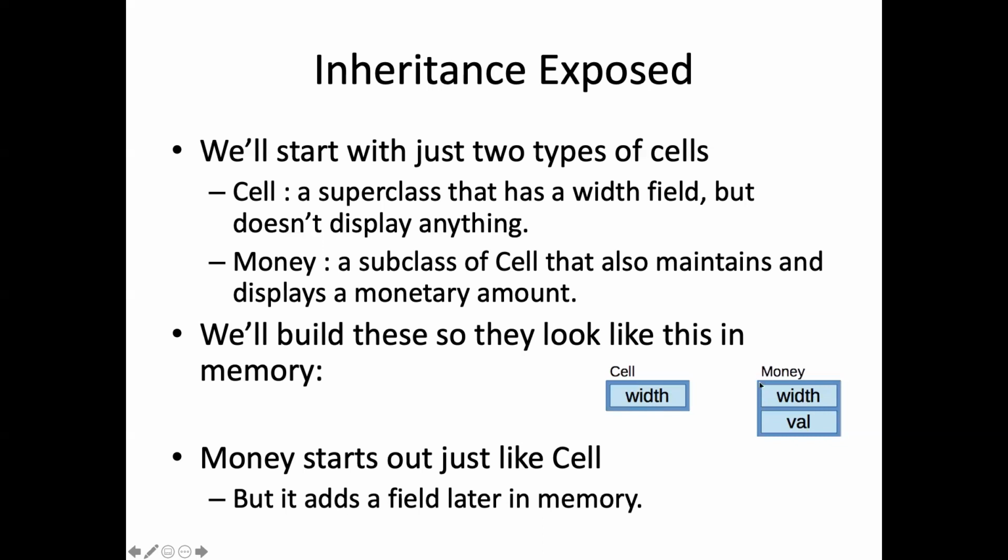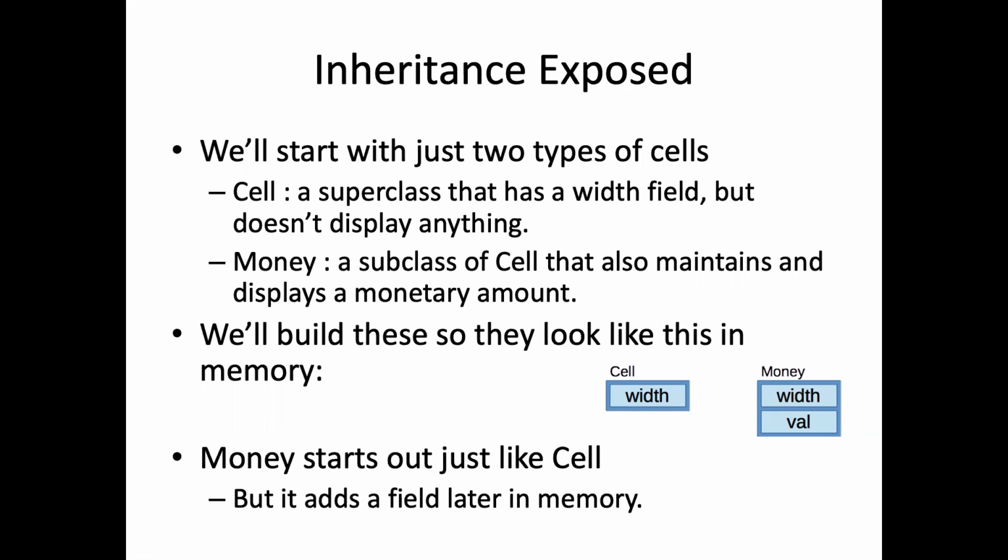So we'll make another struct for that, but we'll start it out with fields that look exactly like cell. So in memory, money is going to start out with a width field, exactly the same size in memory, exactly the same place in the struct, but then anything that needs to be added by the subclass, like the value for a money cell, the amount of money that it stores there, we'll add that afterward.